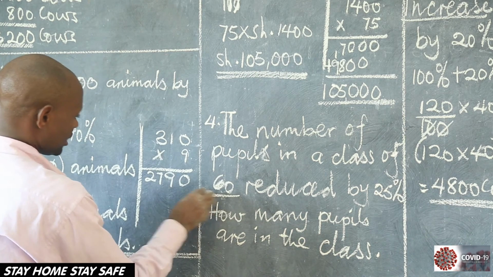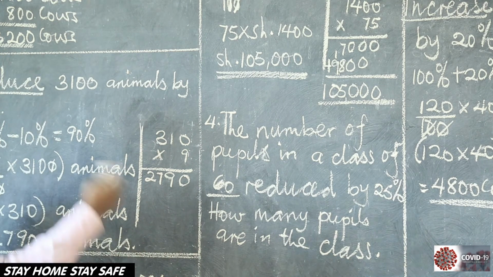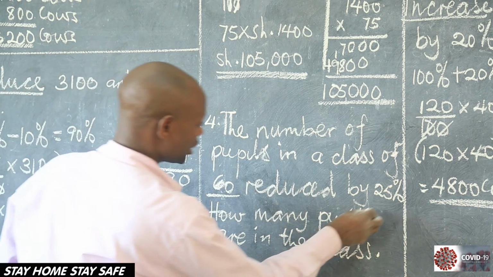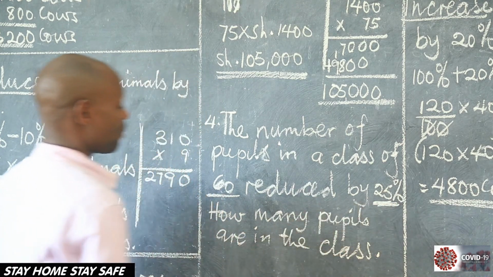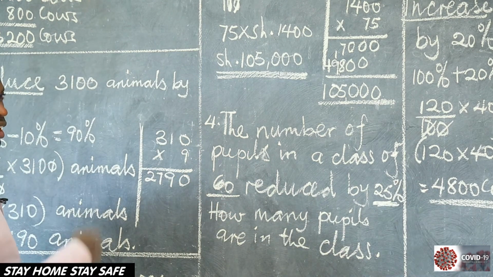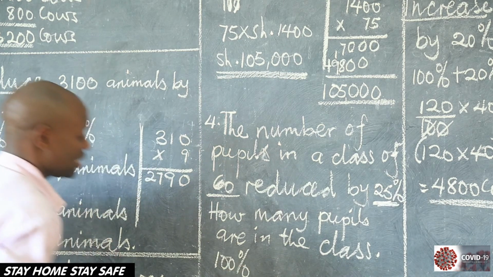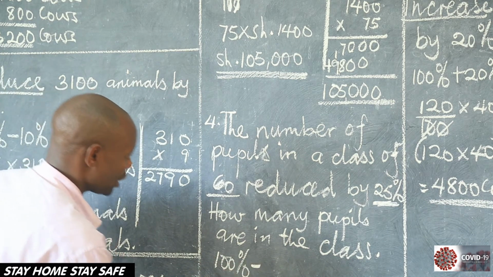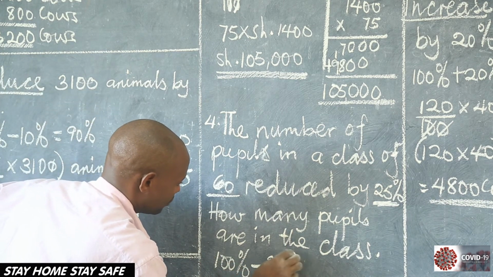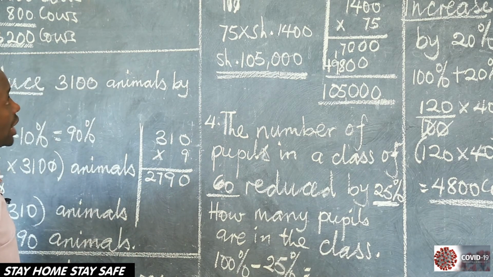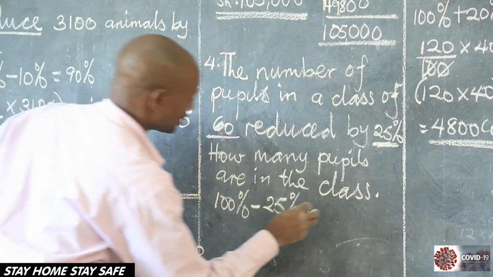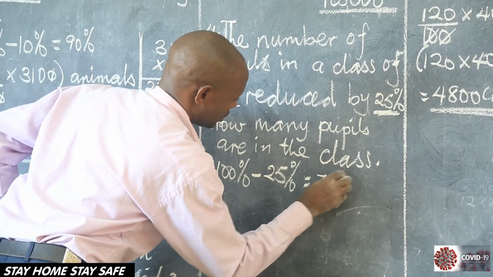So the class had 60, and you are being told that the number has reduced by 25%. So the question is, which percentage is still there? Remember, it is 100% when all children are there. We take away 25%, and when we take away 25, we are going to get 75%.